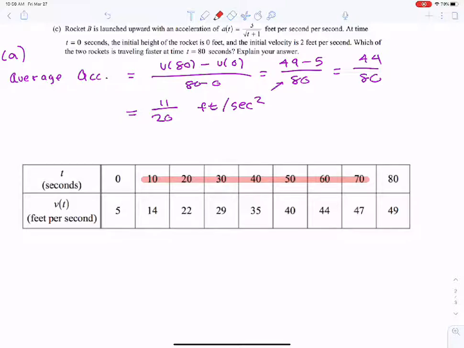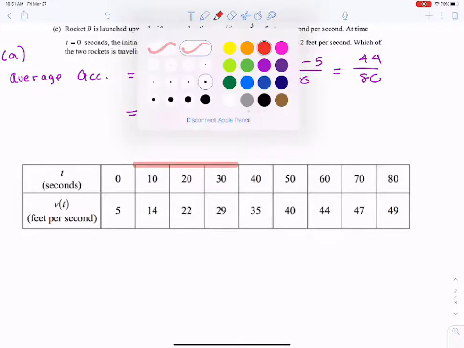So rectangle 1 is going to go from a base of 10 to a base of 30. I think that is correct. Rectangle 2 is going to start at 30 and go to 50.